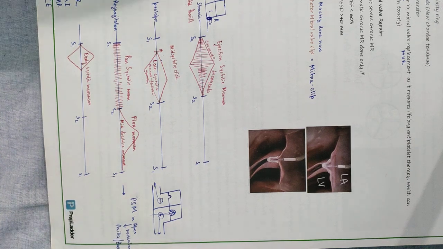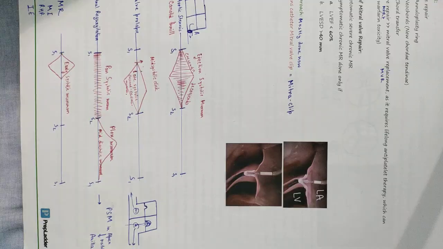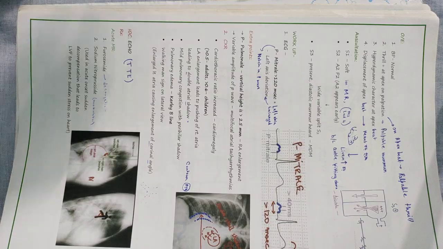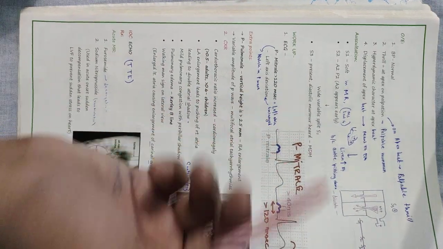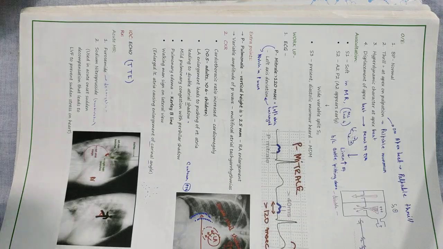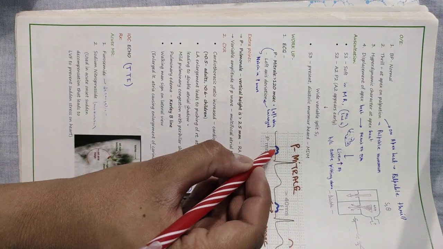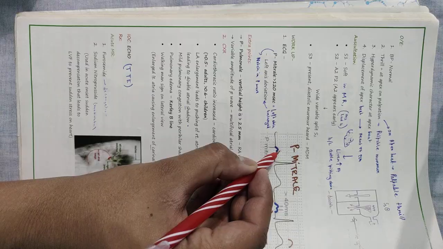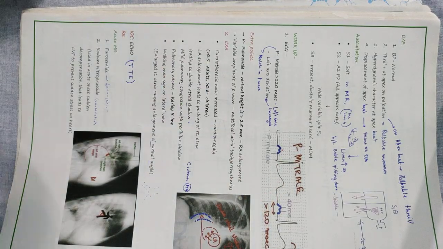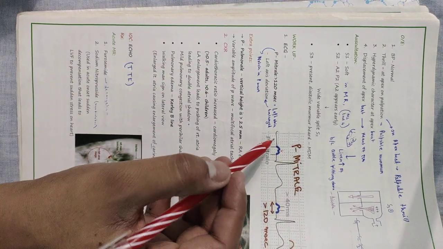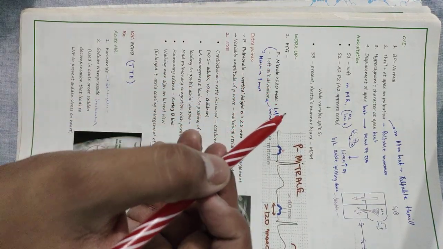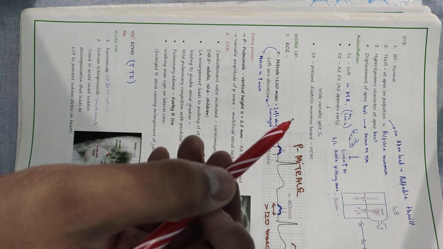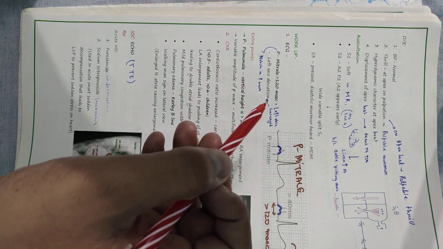Now this is the auscultatory finding: S3 is present, and there is a mid diastolic murmur, or diastolic murmur simply. Let's talk about the ECG. In the ECG, we see a notch. This notch is present in mitral regurgitation, along with P mitral, where the duration is more than 120 milliseconds.